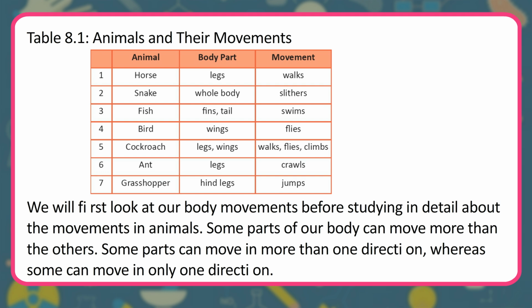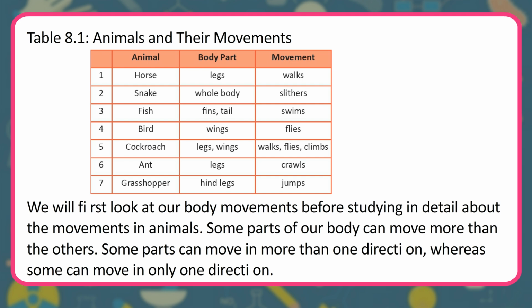Bird, wings, flies. 5. Cockroach, legs, wings, walks, flies, climbs. 6. Ant, legs, crawls. 7. Grasshopper, hind legs, jumps. We will first look at our body movements before studying in detail about the movements in animals.